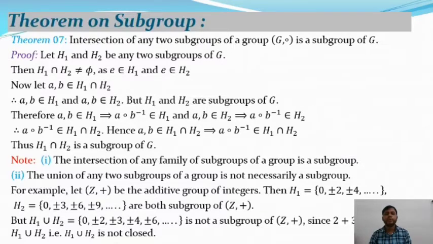That means H1 union H2 is not closed with respect to addition. So H1 union H2 is not a subgroup of Z. So the union of any two subgroups of a group is not necessarily a subgroup of G under composition. Let us move on to the next slide.